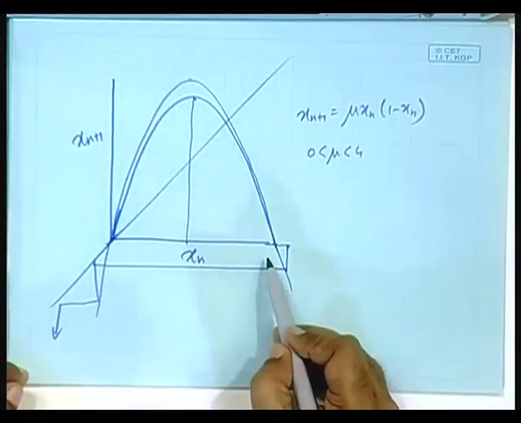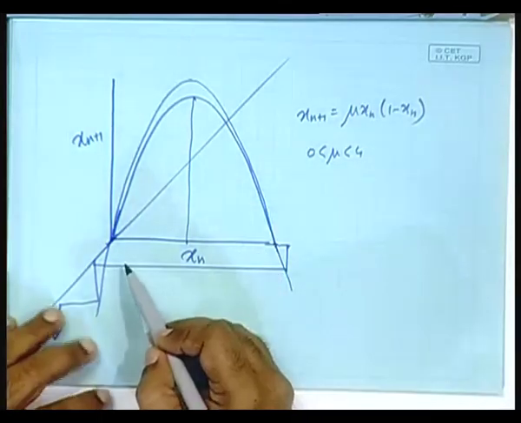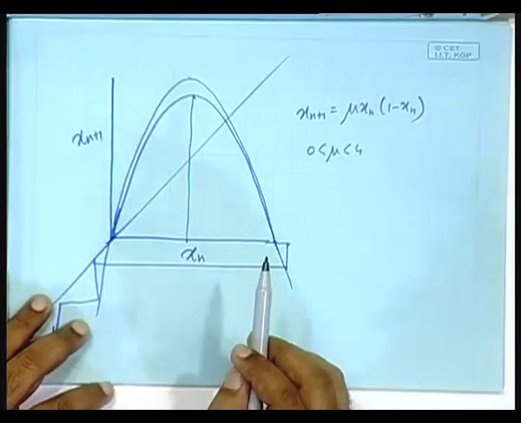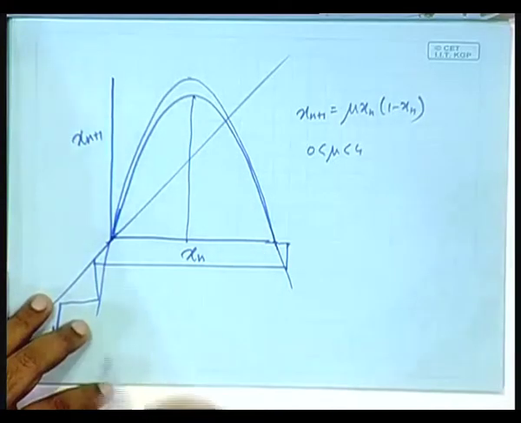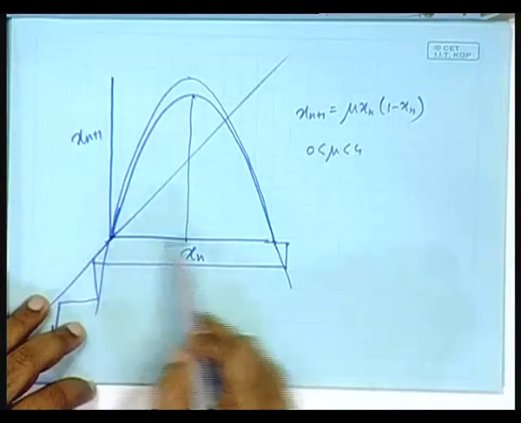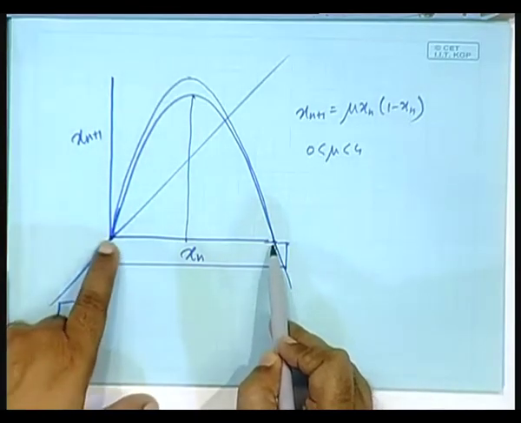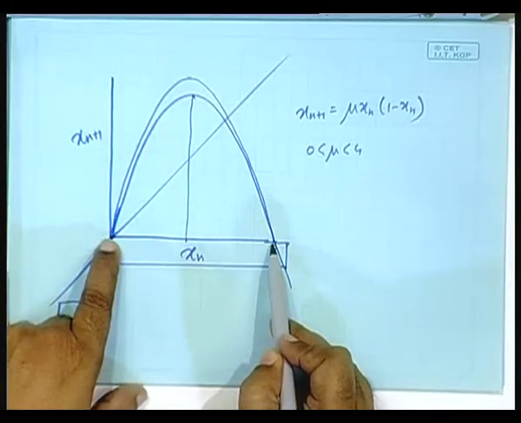So, what actually happened in this system also, though at the time of talking about it I did not make it clear, is that there is a basin of attraction of the attractor, wherever the attractor is. The basin of attraction is the region between 0 and 1.